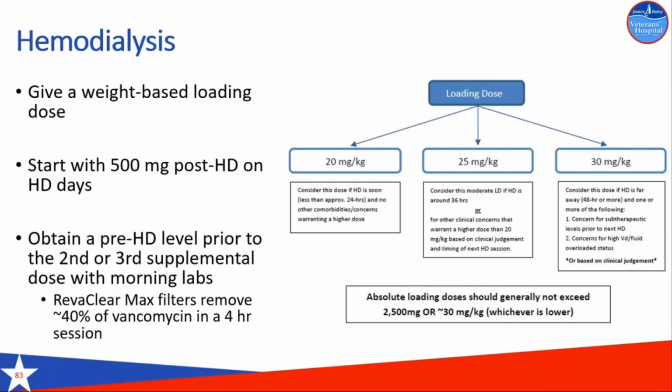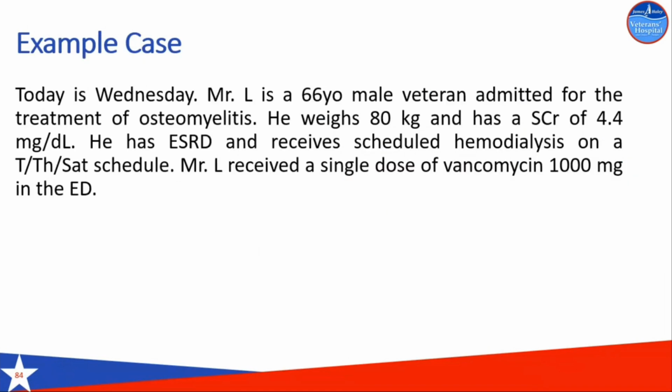And here we use the Revclear Max filters, which remove about 40% of Vanco in a typical 4-hour session. So wherever you end up working after fellowship, it would be a good idea to see what filters they use in hemodialysis, because a different amount of Vanco might be removed during a session.